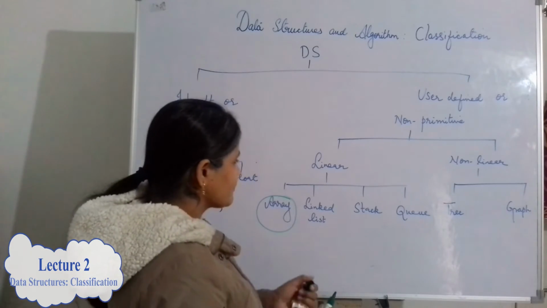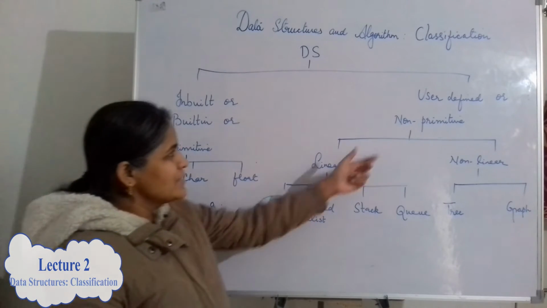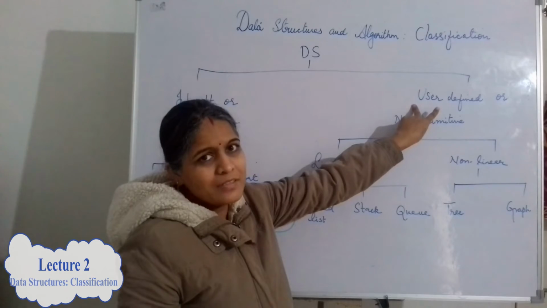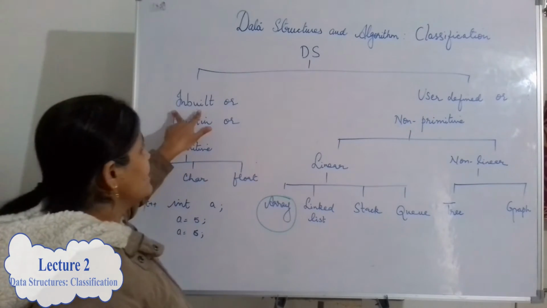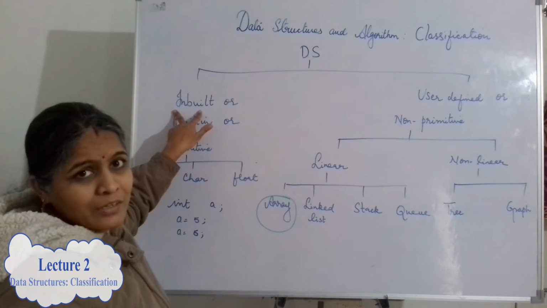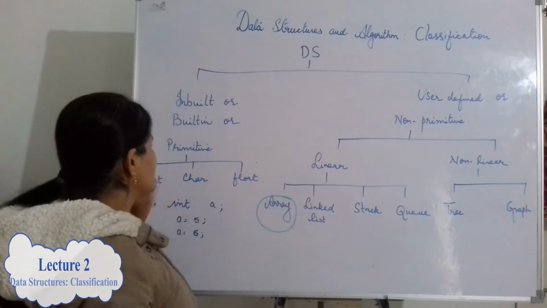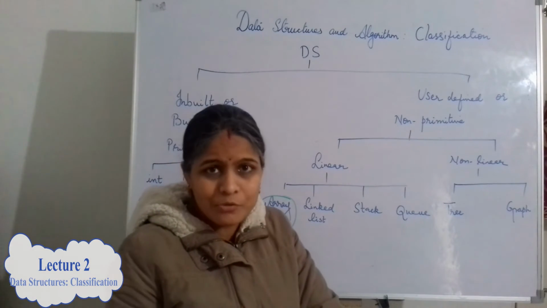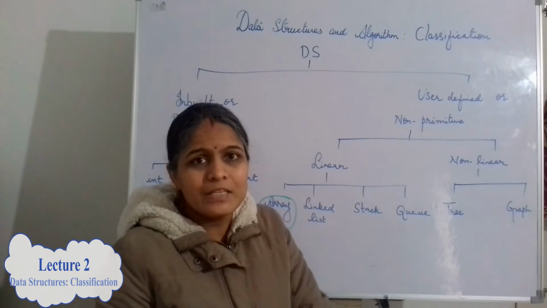Okay. Then come to the next data structure. See, these are user-defined data structures. So, user-defined data structures will always be created with the help of inbuilt data structures. Okay. For example, for array, you need to use integer, char or float. Array is a collection of homogeneous data elements, you know very well. Okay. So, array is a collection of integer type of elements.